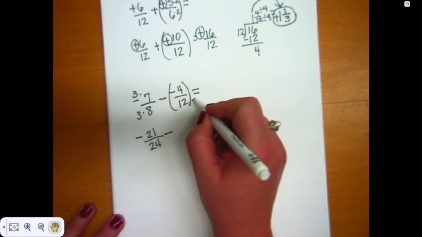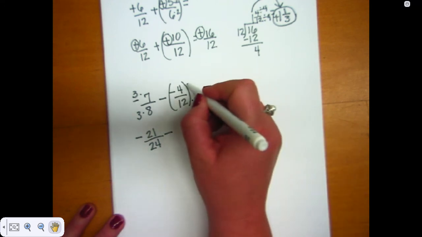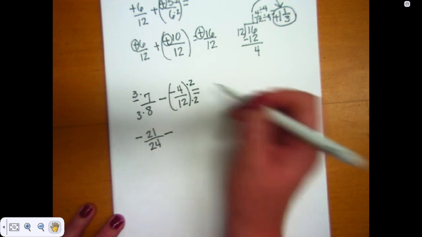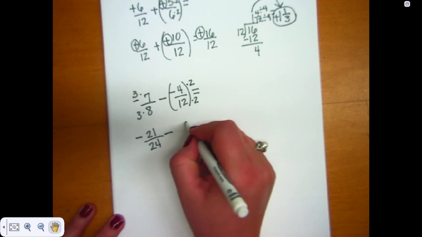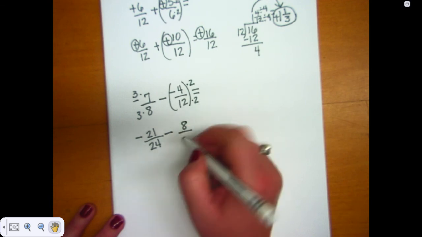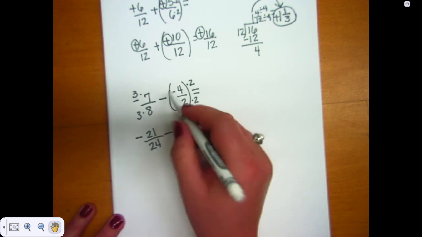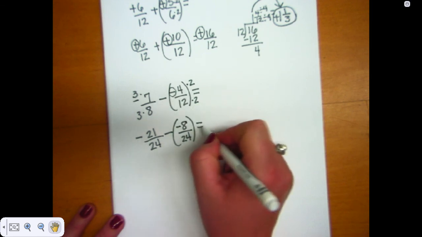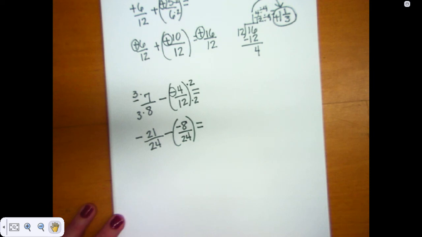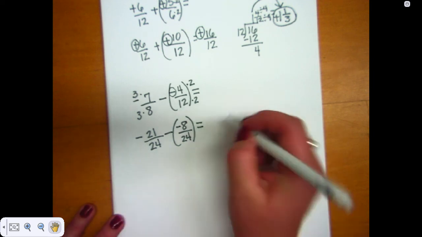So 12 times 2 is 24. Whatever I do to the bottom, I do to the top. So 4 times 2 is 8. 12 times 2 is 24. Don't forget your sign. Now, I do have the same denominator, so I can bring it straight over.